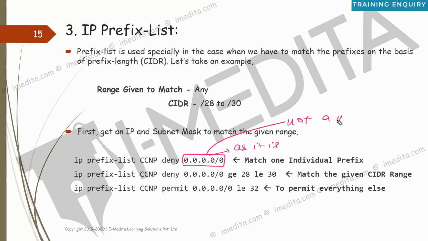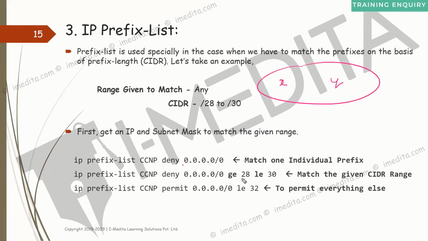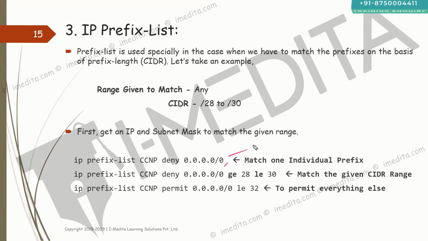It becomes a range only when we have specified greater than equal to, less than equal to, or both. Only in that condition. If you have specified neither, in that situation, this is not a range.